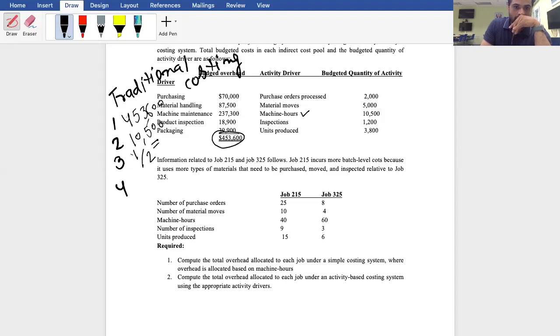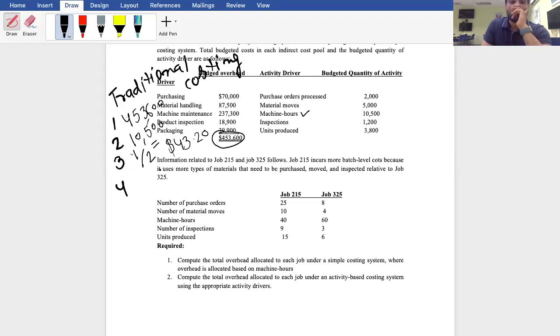So 1 divided by 2, how much is this? This is $43.20 per machine hour, all right?